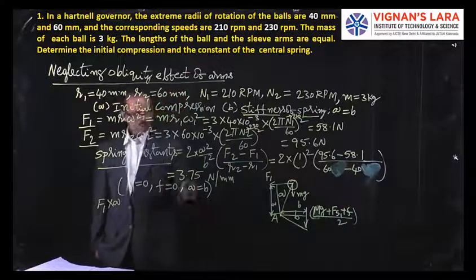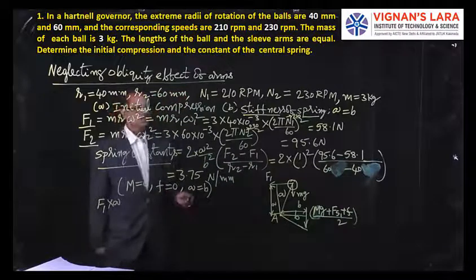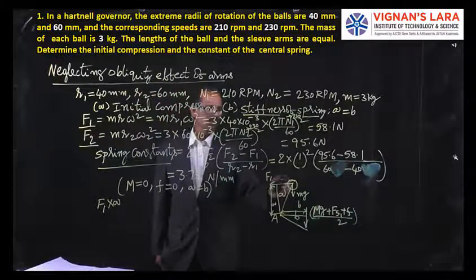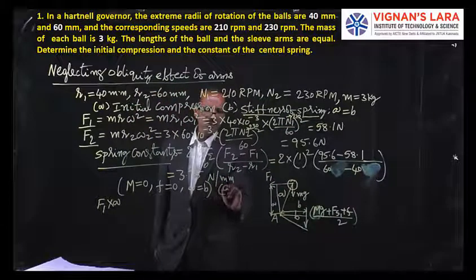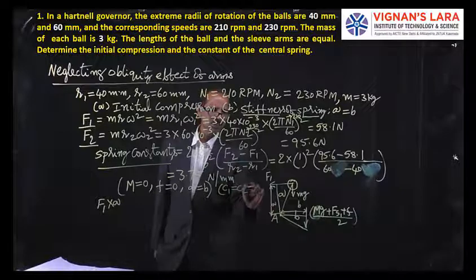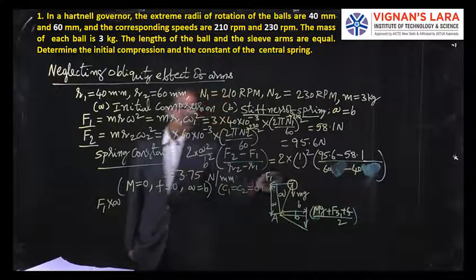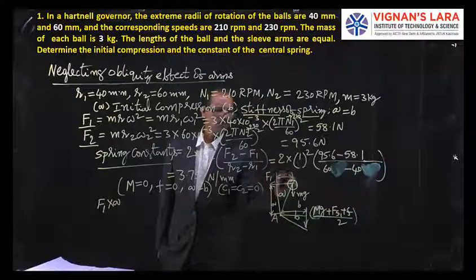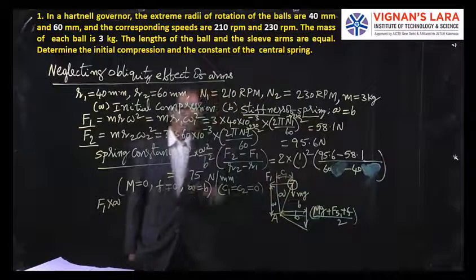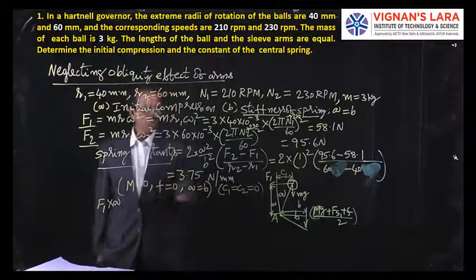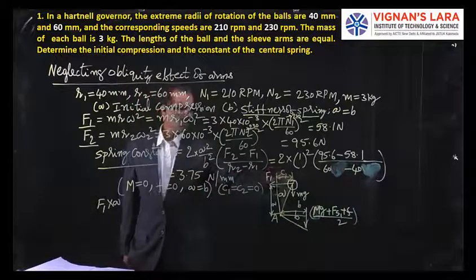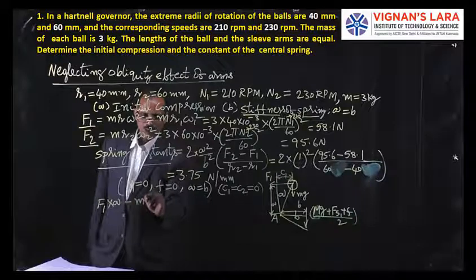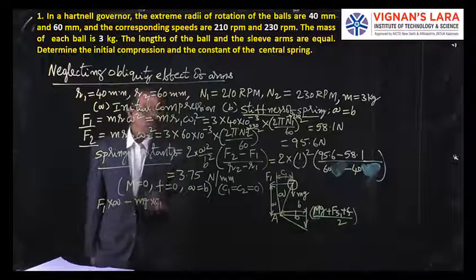Then mg into C, but as I said, neglecting the obliquity effect of the arms, C1 is equal to C2 is equal to 0. Otherwise, we have to consider this part C1 for mg, which is what type of moment? Clockwise moment. That is minus mg into C1.